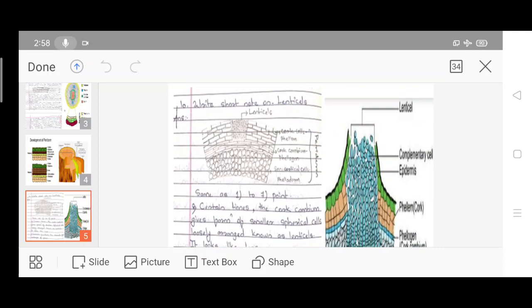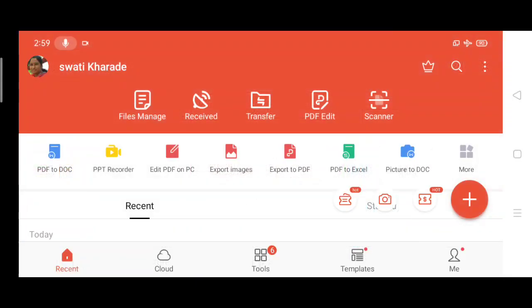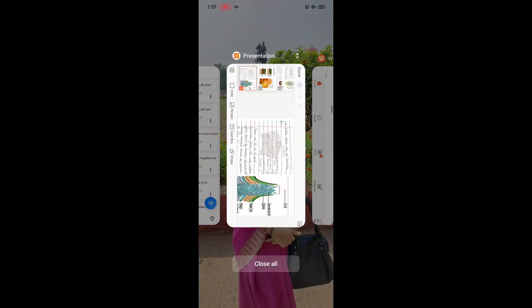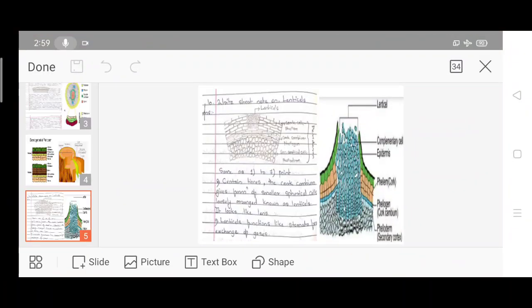This is the same figure as the periderm, but at the center some circular shaped cells are developed, which are the lenticels. So the first seven points from the periderm formation you have to write here as well.